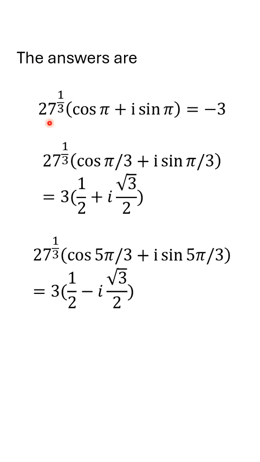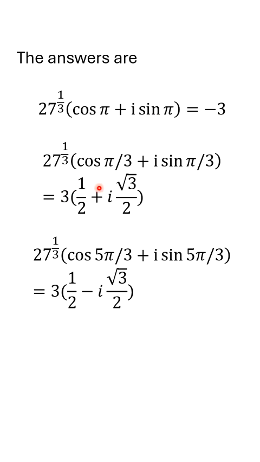So the answers are 27 to the 1/3, that's our 3, cosine pi plus i sine pi. Now here, the cosine of pi is -1, so this is 3 times -1. The sine of pi is 0, so this is simply -3.